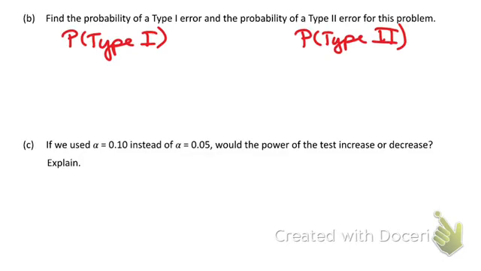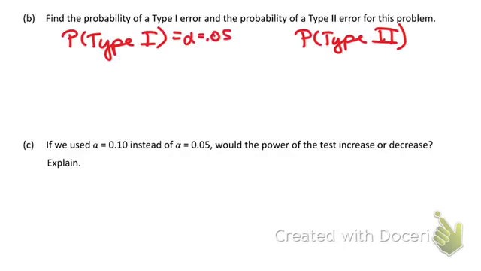All right, what's our probability of a type 1 error? 0.05. That's just alpha, right? So the probability of type 1 error is just alpha, which is 0.05. Easy.